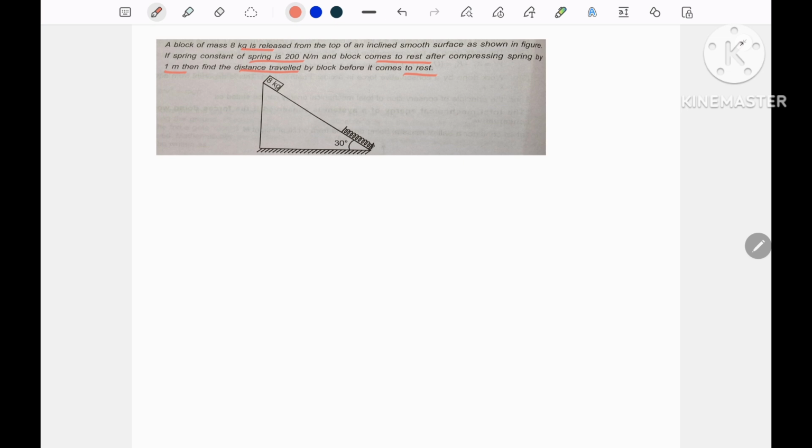Okay, so let us list out the given values. Here the given mass is 8 kg and the spring constant is K equal to 200 Newton per meter. The block comes to rest after compressing, so its final velocity becomes 0, and hence the final kinetic energy becomes 0.